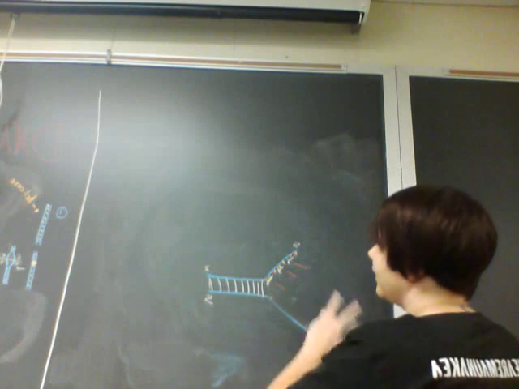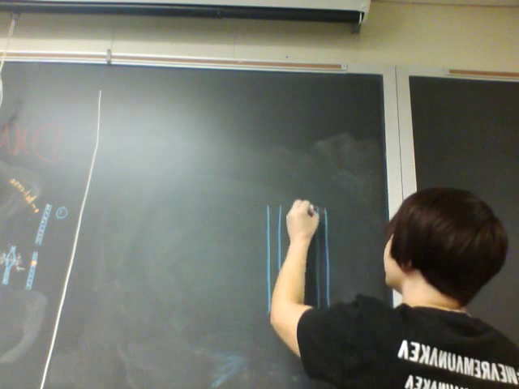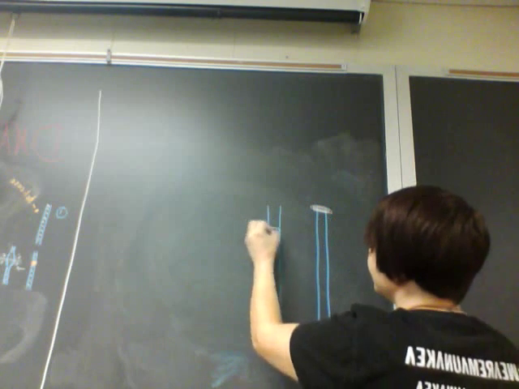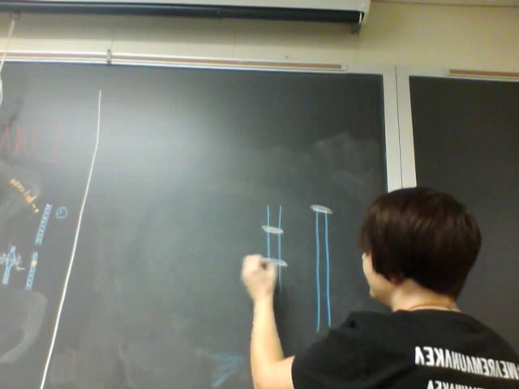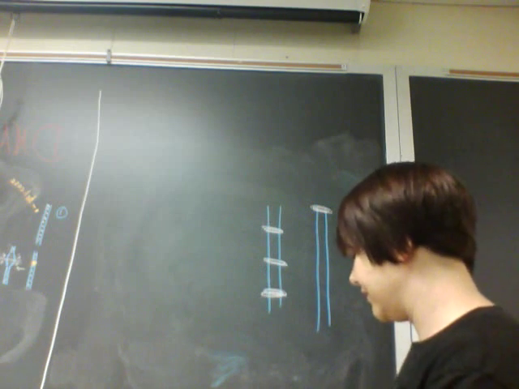So let's say everything has done its job. We have our new DNA strands, but this one has an RNA primer, and this one, since it's our lagging strand, has 3 RNA primers.